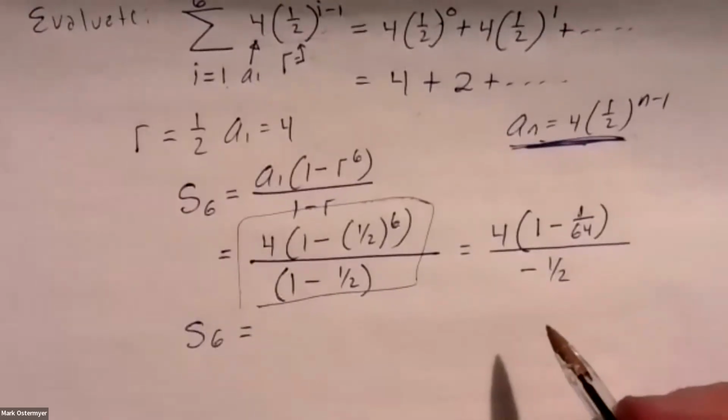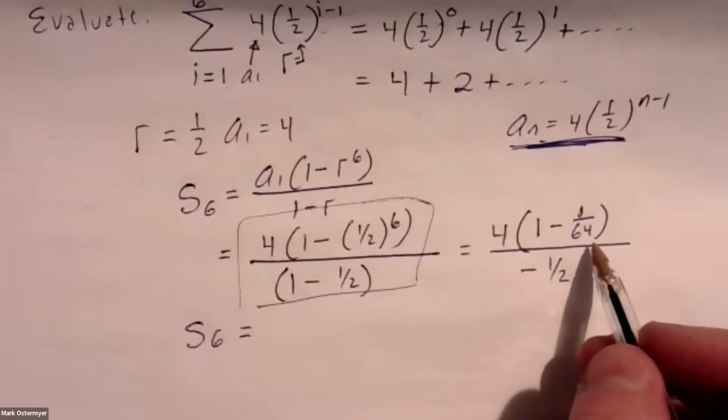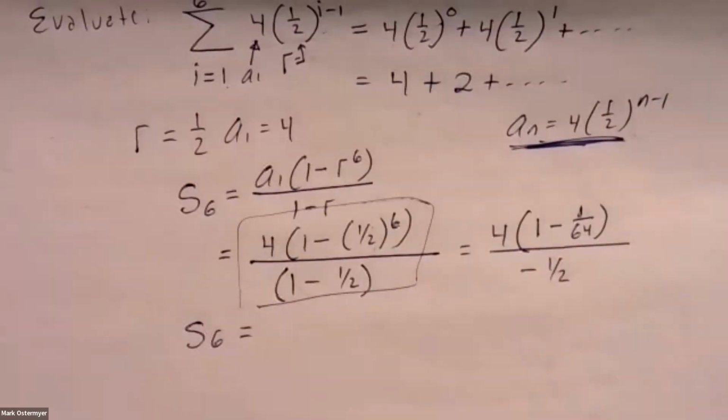What's that number over 64 in the fraction? What's on top, the numerator? This is 1 minus 1/64. Okay, 1/2 to the 6th power is 1 over 64. All right, so see if you can dial it up. Tell me what we get for the sum of the first 6 terms of this geometric sequence.